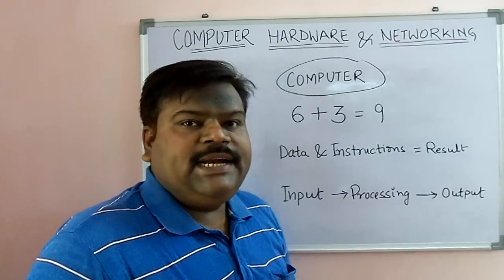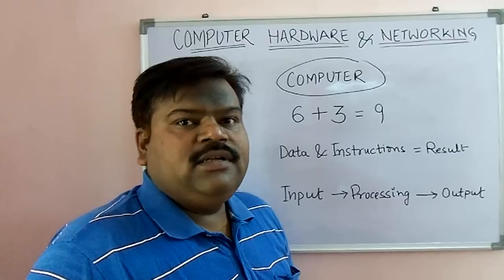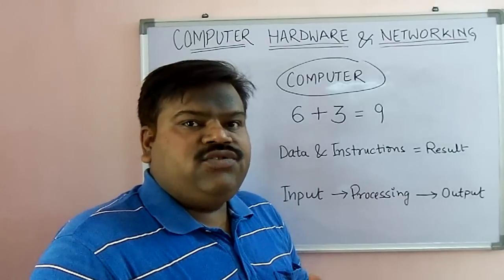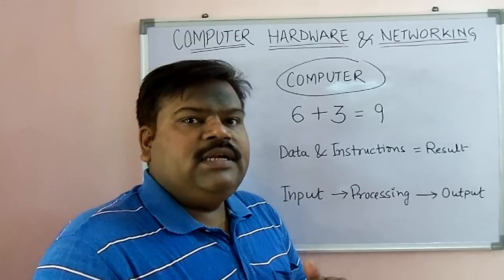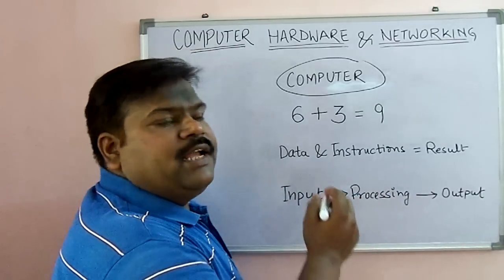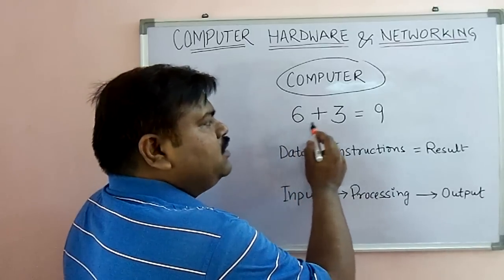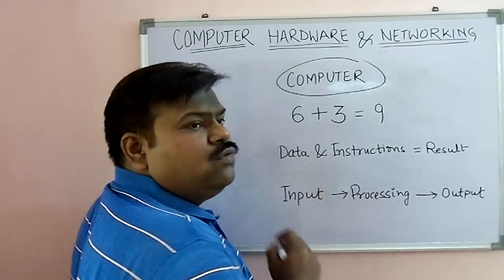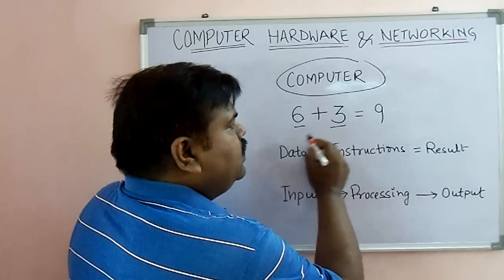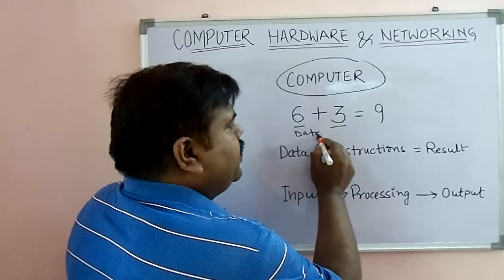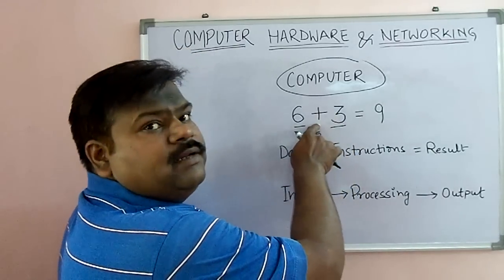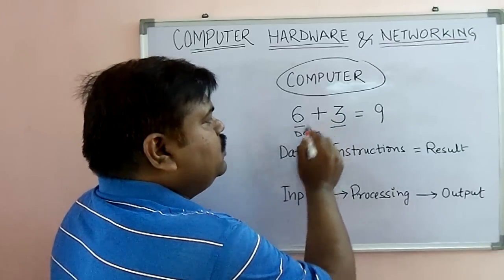A computer is an electronic data processing device which collects data and instructions, processes them, and gives us the desired result. For example, 6 plus 3 is equal to 9. Here 6 and 3 are data, and this plus sign is the instruction.